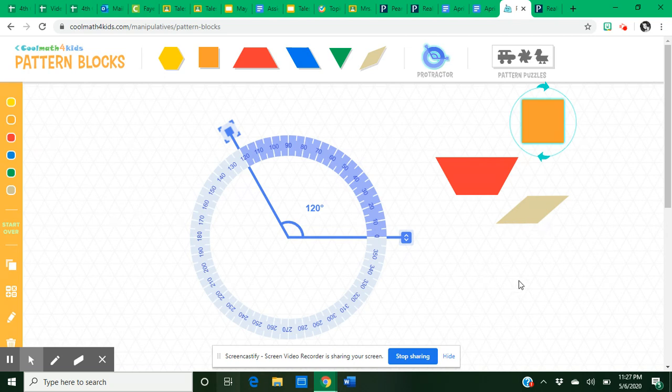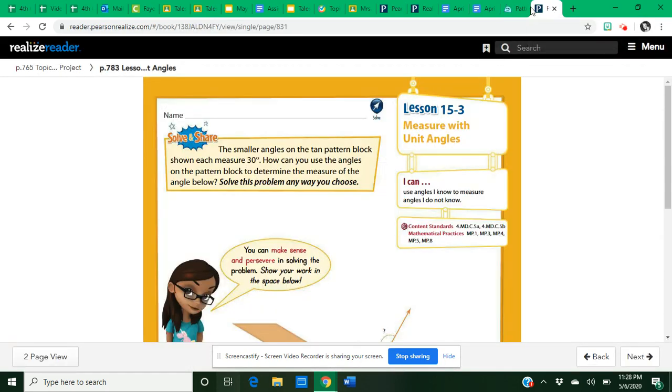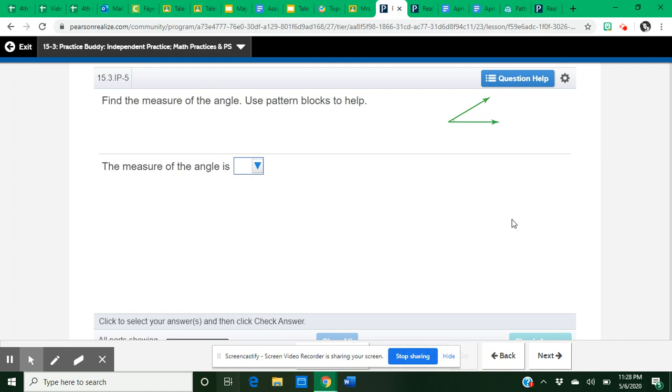Okay, so we also know that a straight line is 180 degrees. That makes a straight line. So those are the benchmarks we want to work on as we're looking at our practice buddy today. So let me see. Let me find which of my tabs I have here.